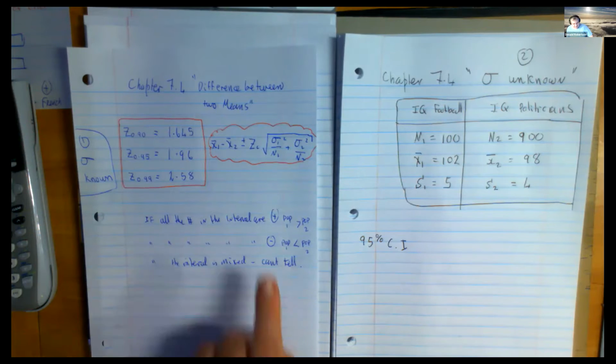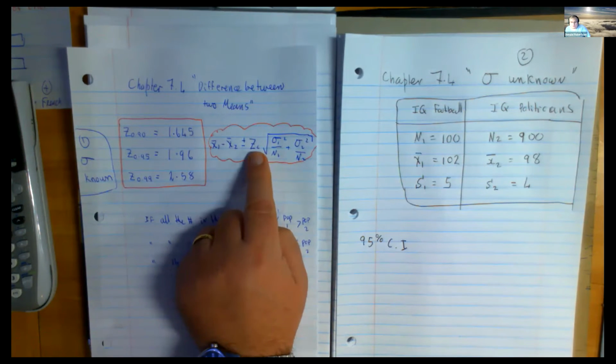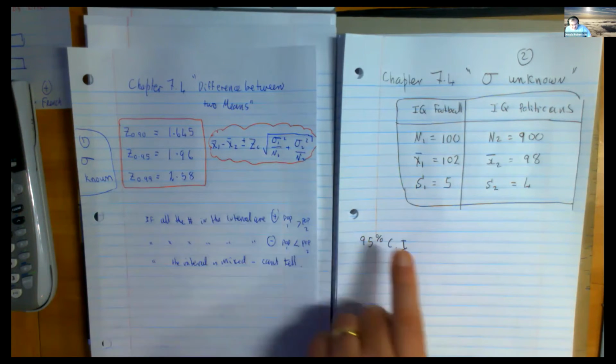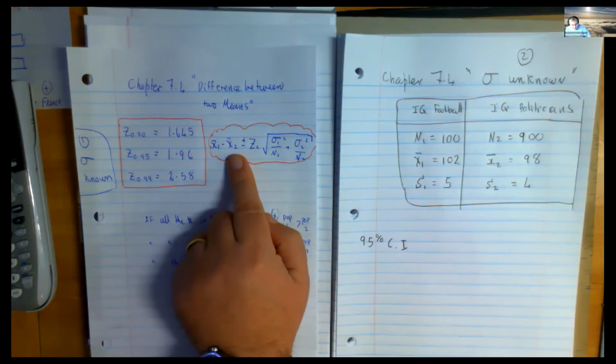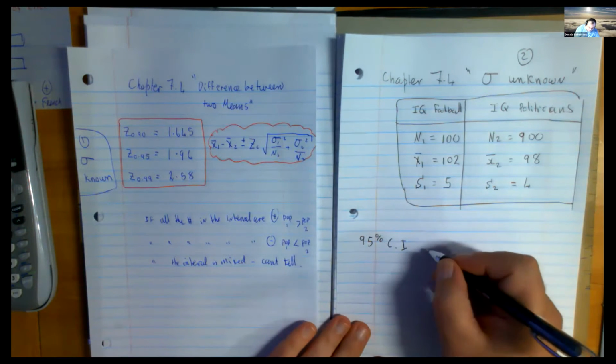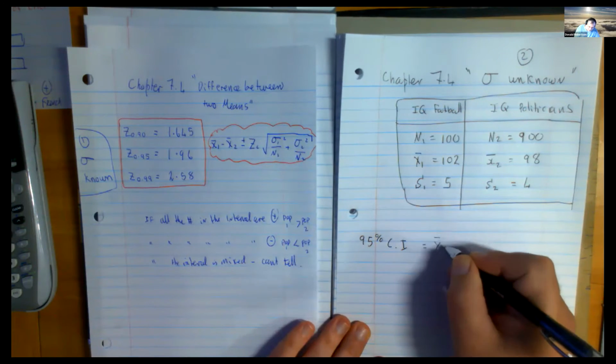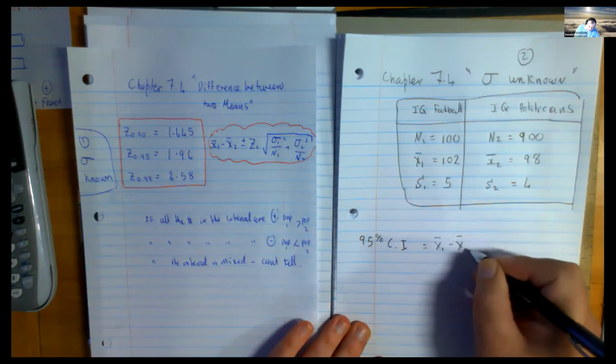Now, there should be a formula for it, right? If you look over here, do you see the formula that we used for the difference between two means when sigma is known? I'm about to write down an altered version of this formula for the new situation. It's going to be x1 bar take out x2 bar.